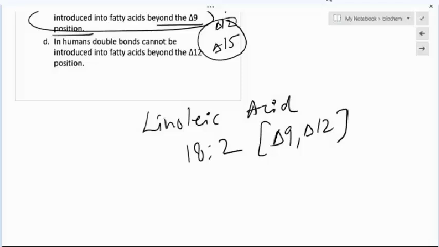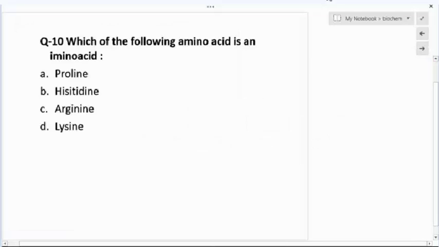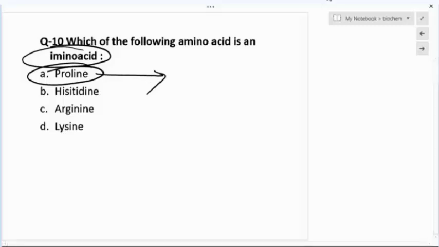Now coming to the next question. Amino acid. Answer is going to be proline. Proline is the amino acid characterized by presence of a secondary amino group in place of a primary amino group, and it produces a particular structure in its molecule, and that is called pyrrolidine ring.